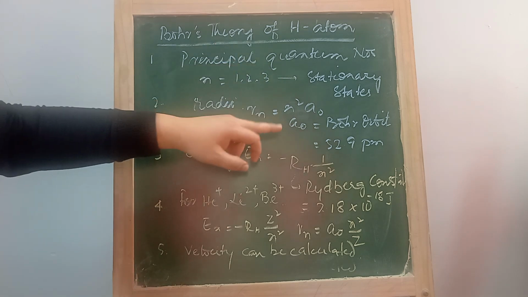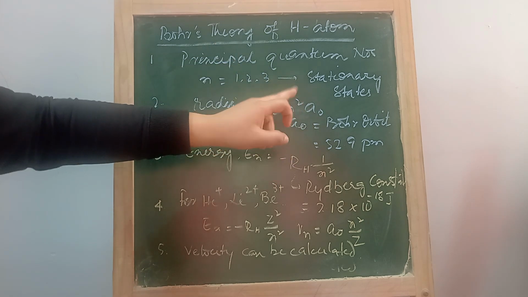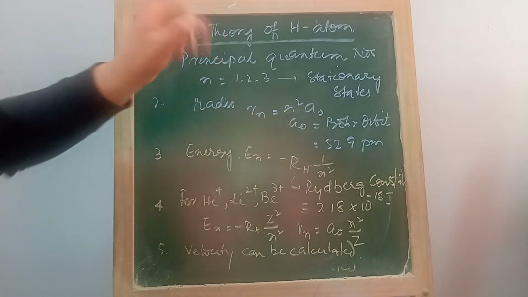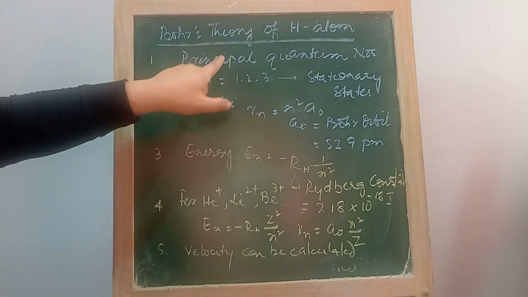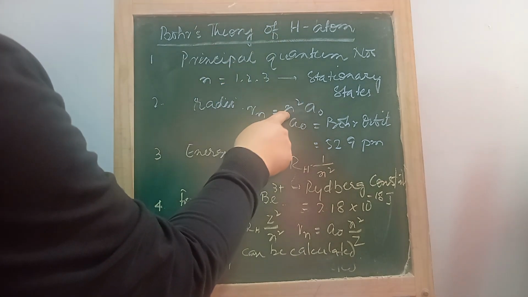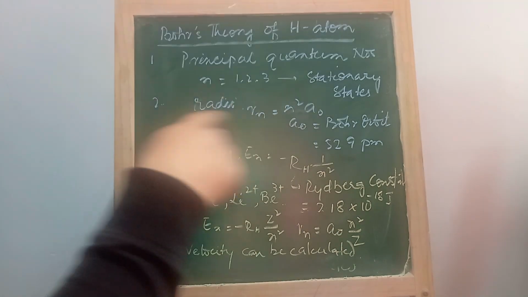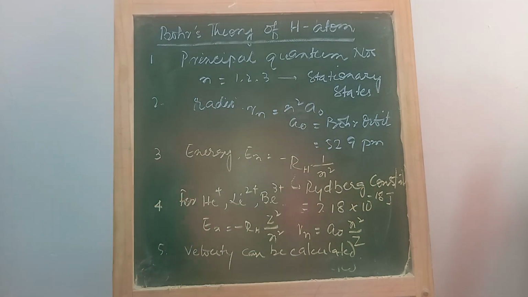What is n? The principal quantum number. It may have a value of 1, 2, 3, 4. If it is the first orbit, corresponding to the first principal quantum number, its value will be 1, so 1 square is 1, and 1 into 1 multiplied by this will be this. So the first orbit will have a radius of 52.9 picometer.